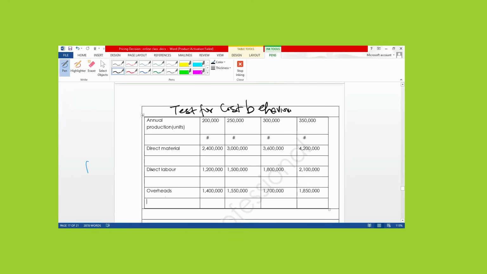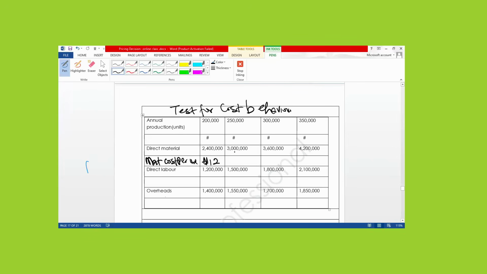Please get material cost per unit. What do you have? 2.4 million divided by 200,000 is 12. 12 naira per unit.